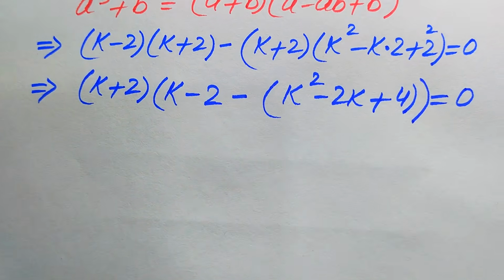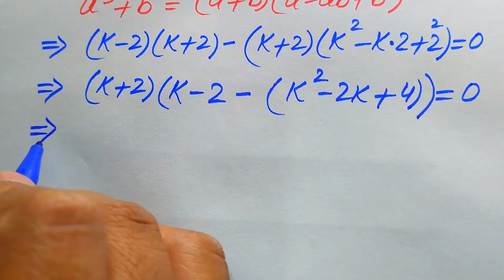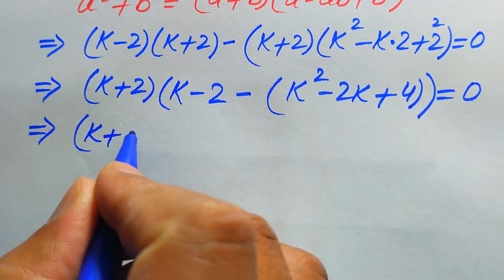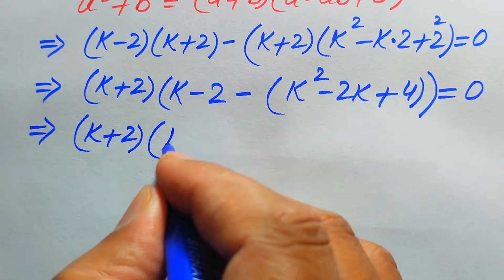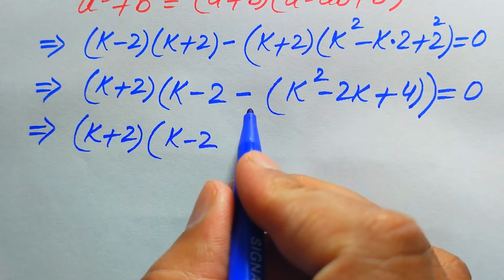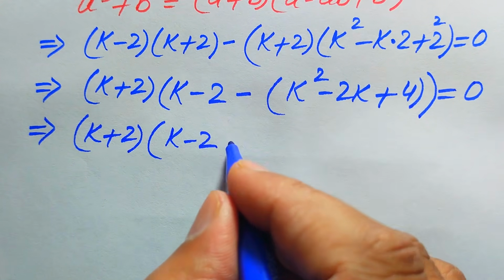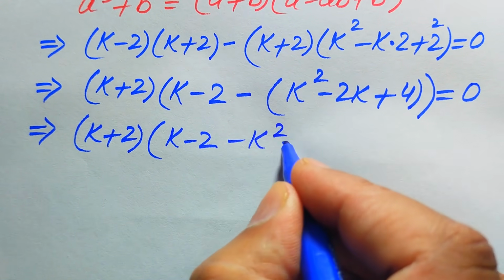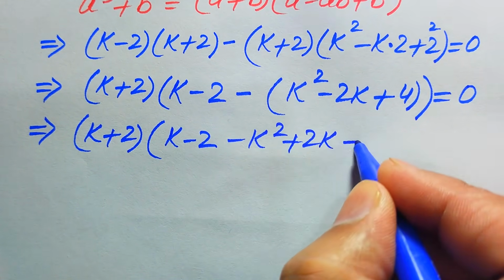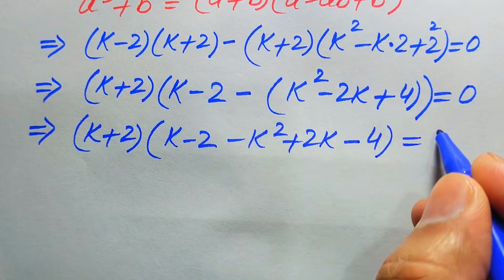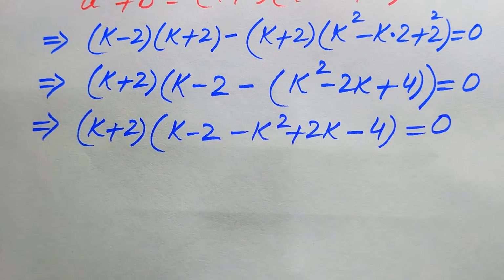Okay, so further we need more simplification, and it will be written as k plus 2 times k minus 2, and we multiply this negative sign on each of these values, and it becomes minus k square plus 2k minus 4, and this whole equation is equal to 0.